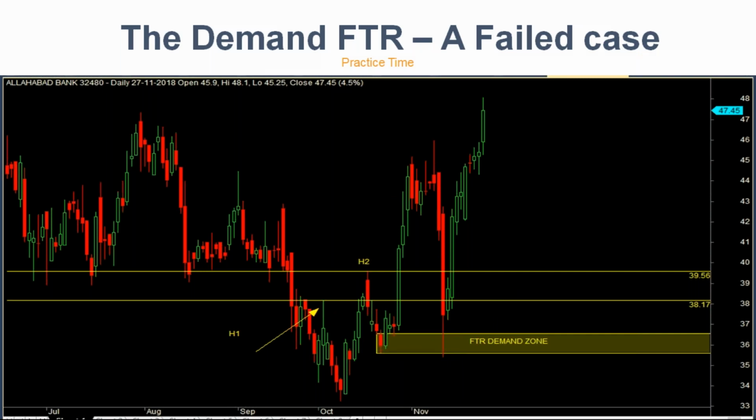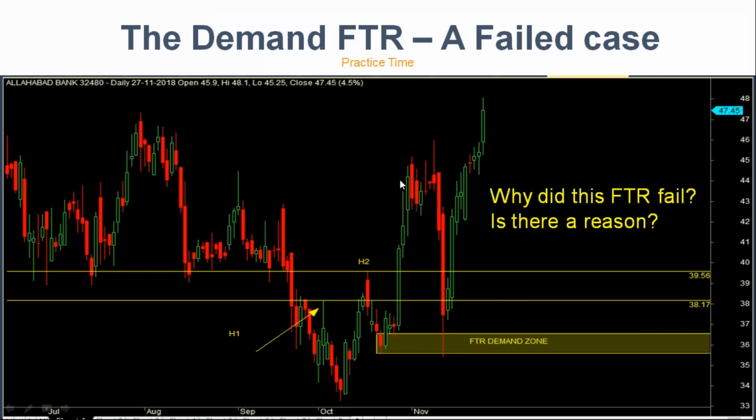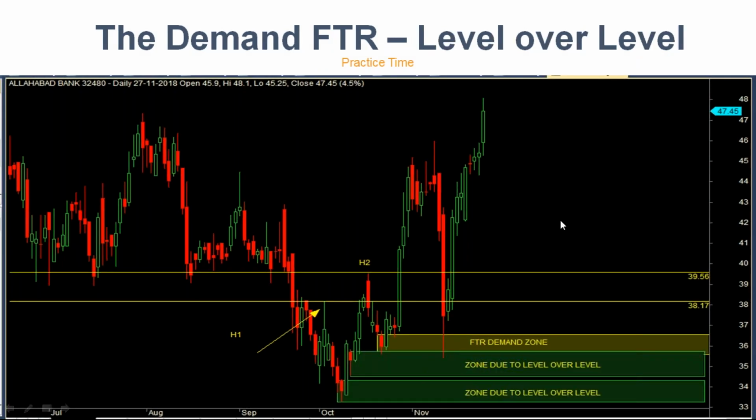It failed because there was a zone due to a level over level. There was another zone due to a level over level. The same bus example: sir, go another 5 kilometers behind. You see a lot of passengers, a lot of pending orders. Go and take them also along with you upside.